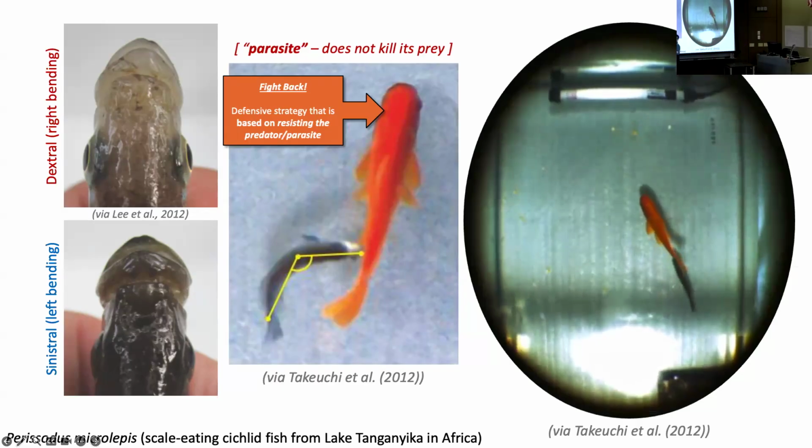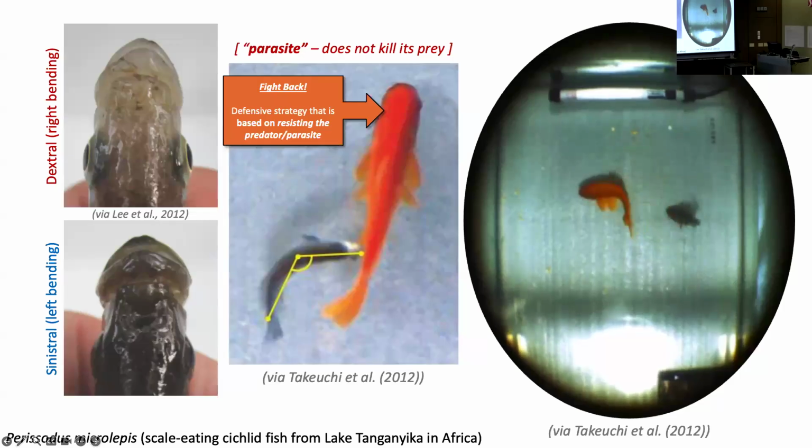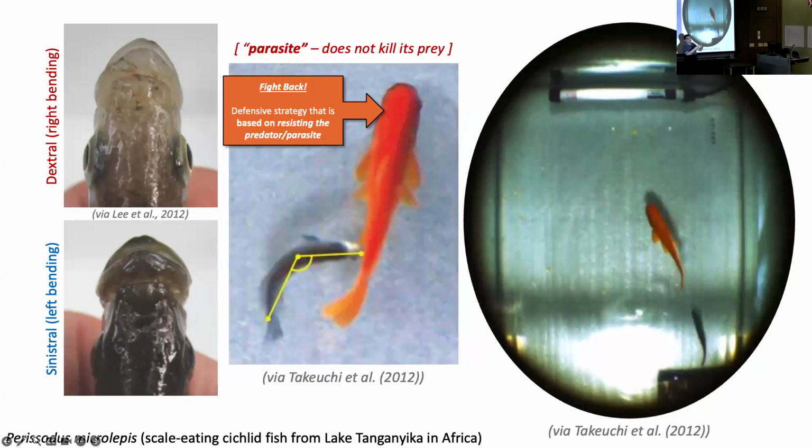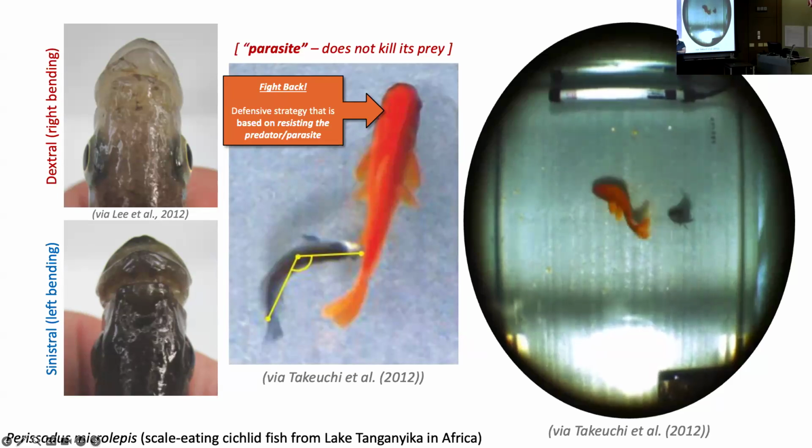if you have a bunch of left-mouthed fish, what happens is eventually the host that they're parasitizing, the fish that they're eating scales off of, starts to learn that if there's a bunch of left-mouthed fish, whenever it gets a little bit of motion on that side of itself, it snaps there preemptively, and it can either fight back or get away.